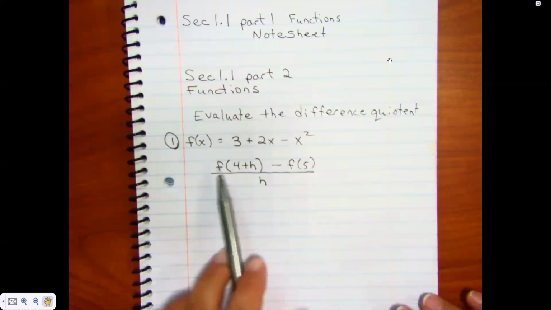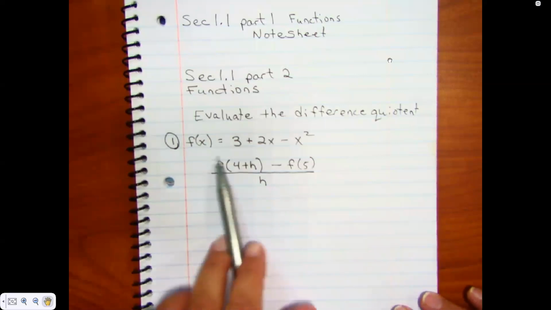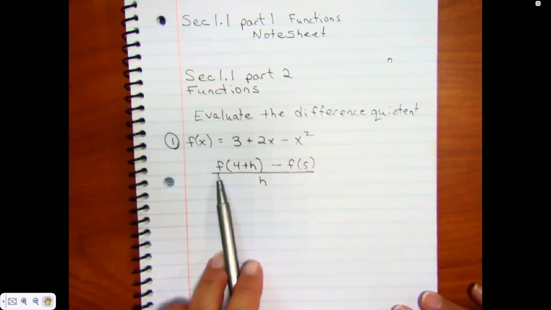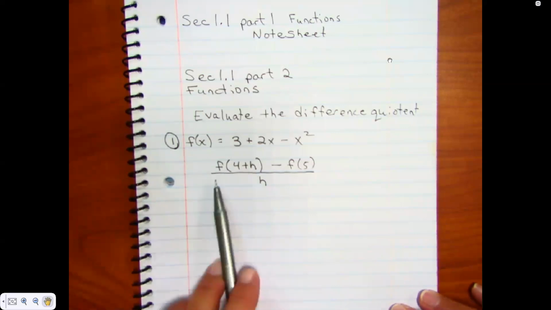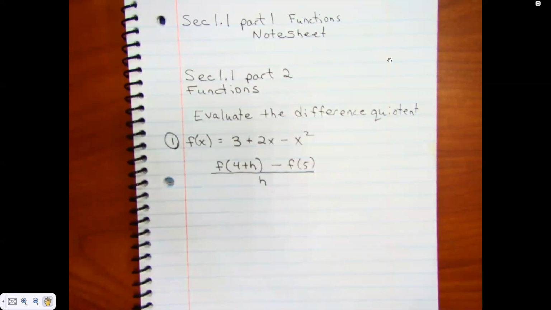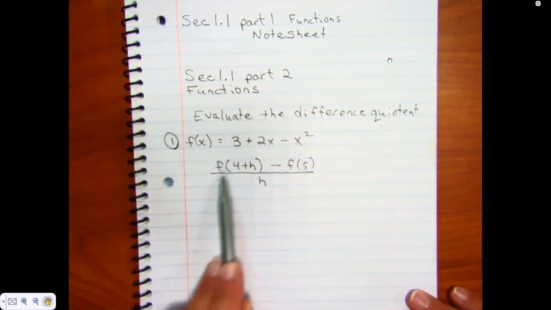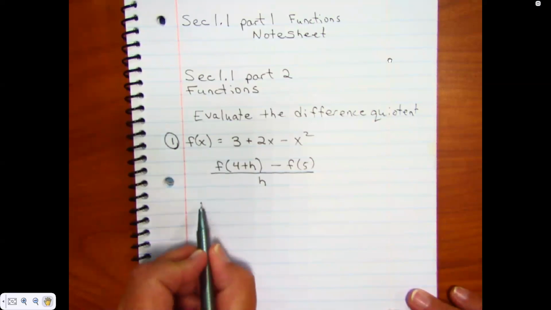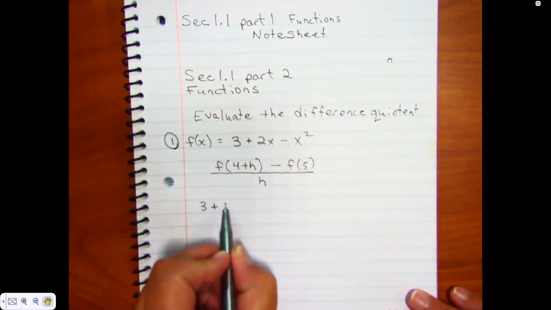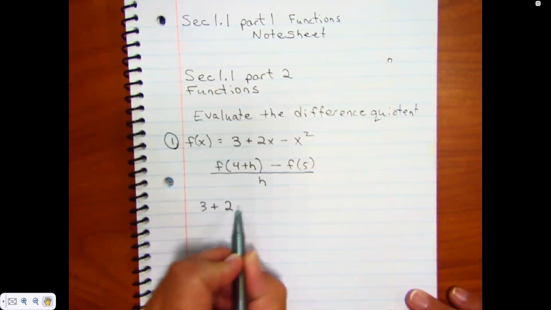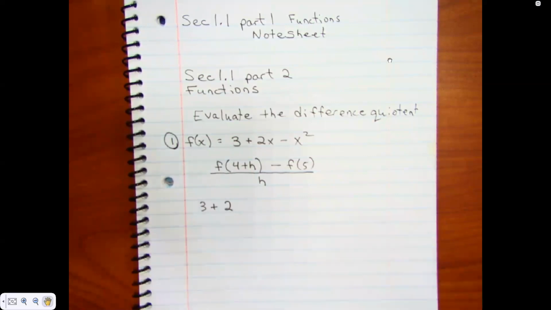We have to rewrite the f function. Every place there's an x, we're going to write the quantity 4 plus h. So we're going to rewrite the f function. So 3 plus 2. Now what am I going to write in place of x? 4 plus h.